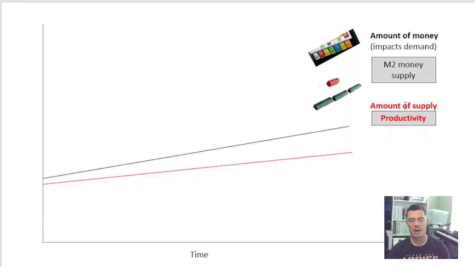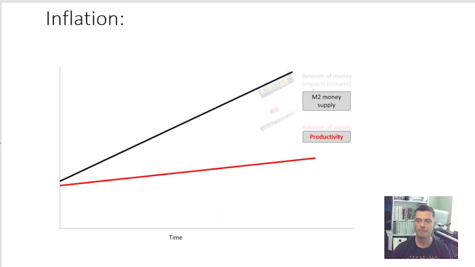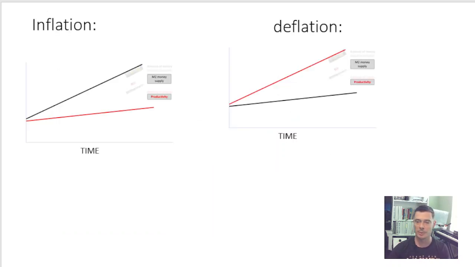And the amount of supply is also known as productivity, and there are ways to measure productivity and growth of productivity over time. So inflation is when, over a long period of time, the rate of increase of the quantity of money is larger than the rate of increase of the growth in productivity. So that's inflation. And then deflation would be exactly the opposite.